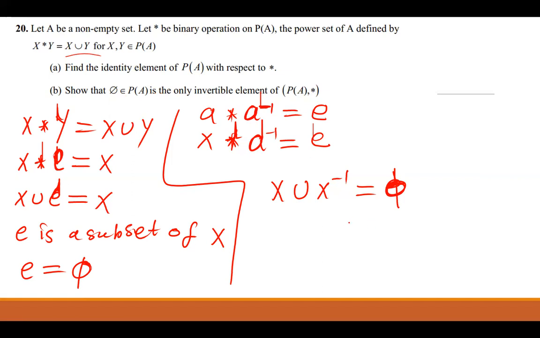So when you look at this, we have X union X inverse, and the answer is an empty set. So what we can say here is that if you have X union its inverse, then this is giving you an empty set.